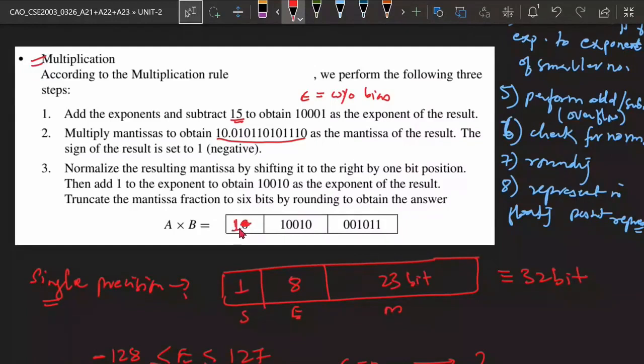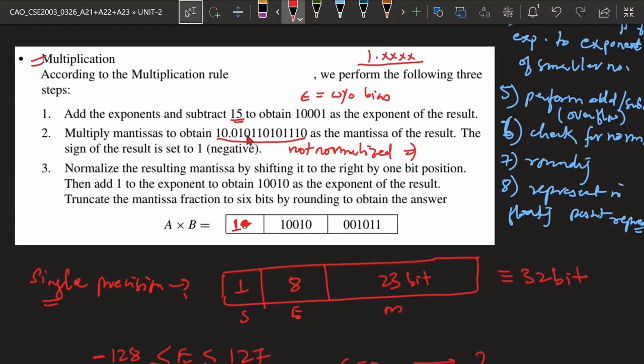If this is the mantissa, it is not normalized, so we need to perform the normalization. The normalized structure is 1 dot something: after the 1 there should be a binary point and then the fraction. But here it is 1 0.